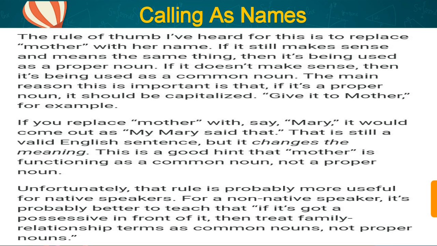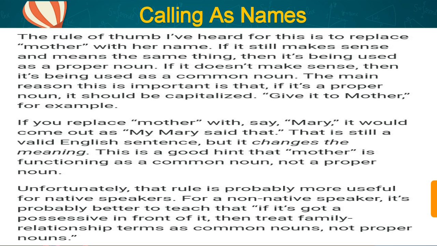Now, to explain it more, the rule of thumb I have heard for this is to replace mother with her name. If it still makes sense and means the same thing, then it's being used as a proper noun. If it doesn't make sense, then it's being used as a common noun.